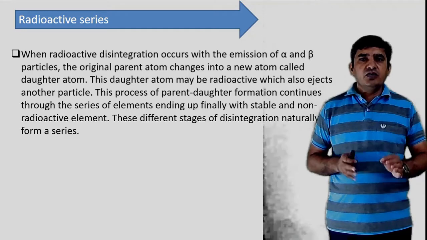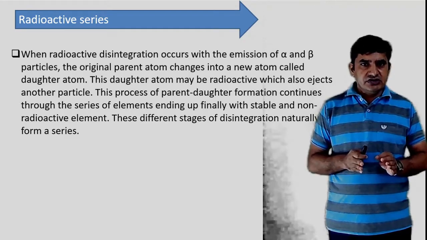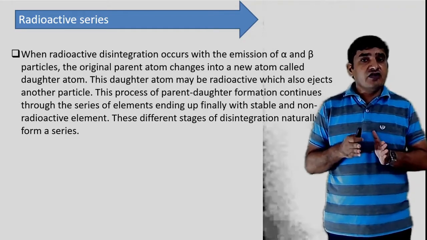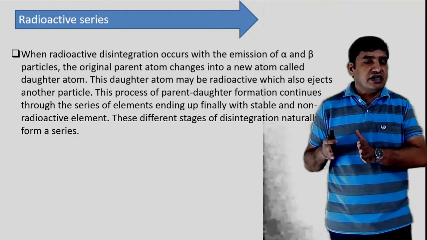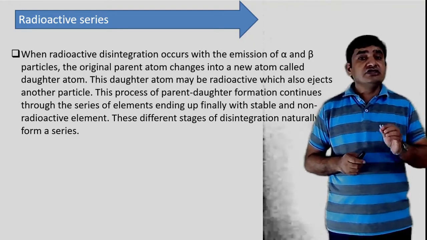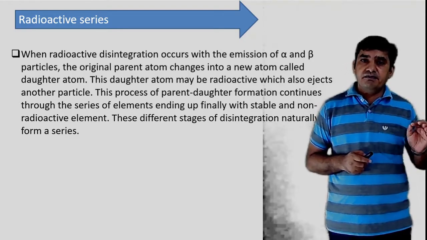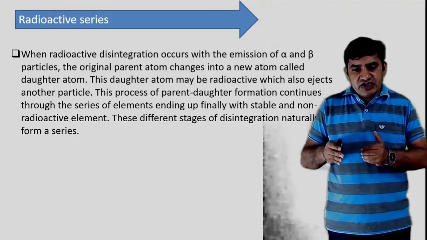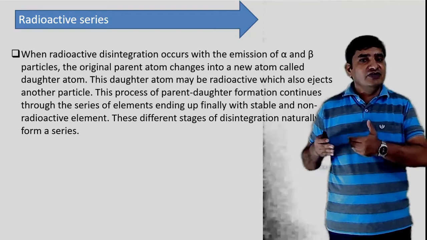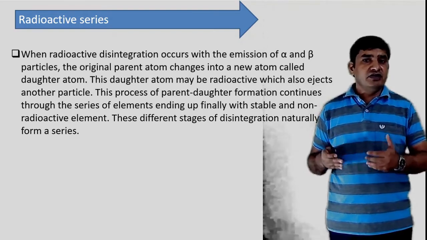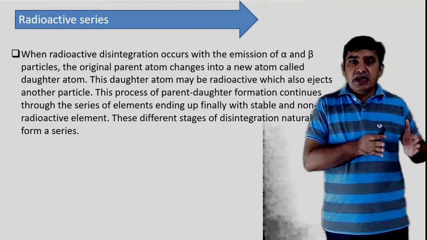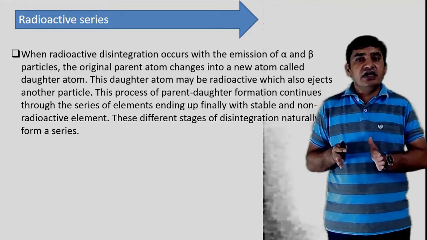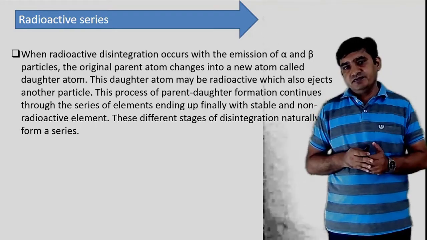The element whose disintegration is carried out is known as the parent. When this disintegration is carried out, we get a new element; simply we can say that the parent is converted into the daughter.